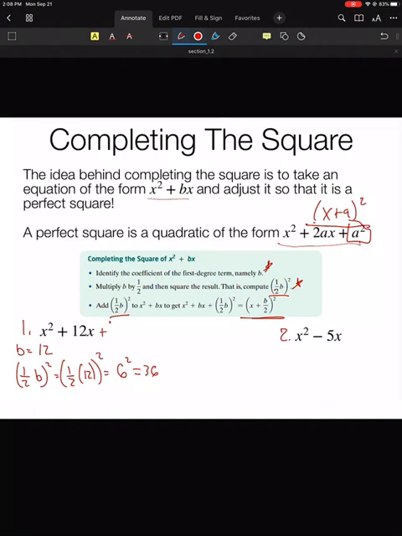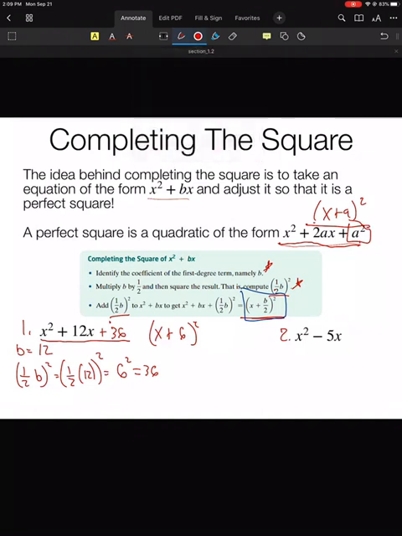Now we add that to our original form to get a special quadratic of the form we talked about up here. We can rewrite that as (x plus 6) squared, which is what we were looking for. So that's one example.